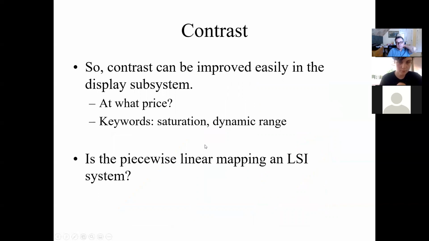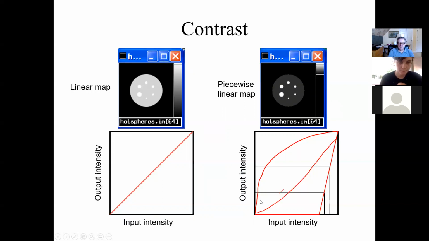So, just as a reference to linear shift invariant systems, is the piecewise linear mapping an LSI system? No, it's not. In fact, the only one that's a linear shift invariant system is this one, where you do a direct linear mapping.